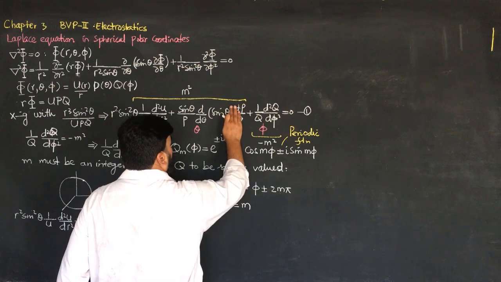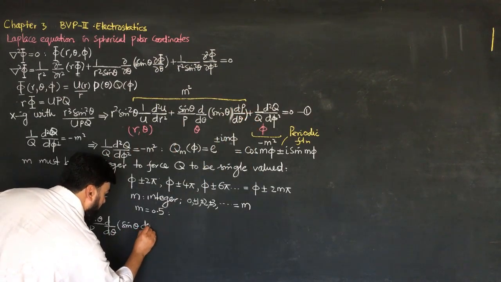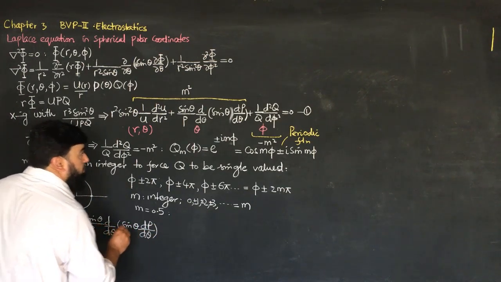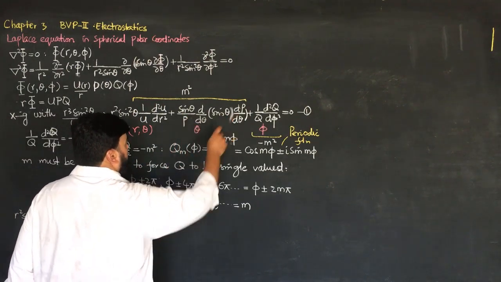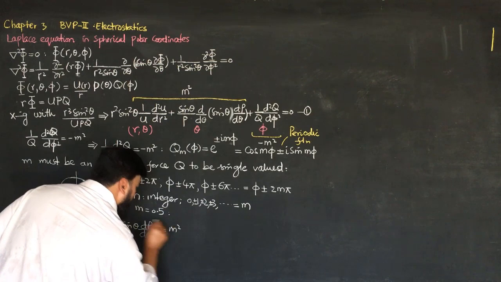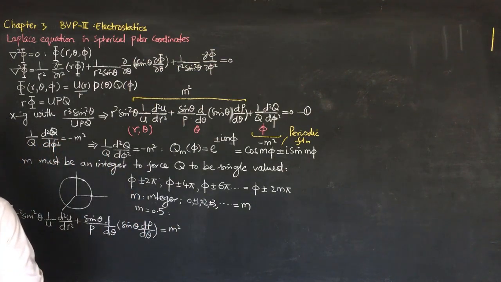This sine theta is actually with this. So sine theta dp over d theta. The second term, sine theta by this, is equal to m square now, because the earlier was minus m square.